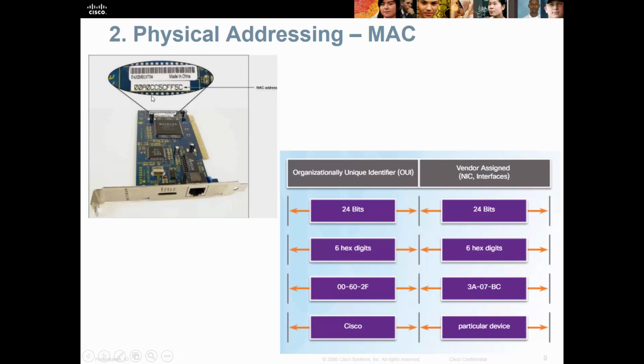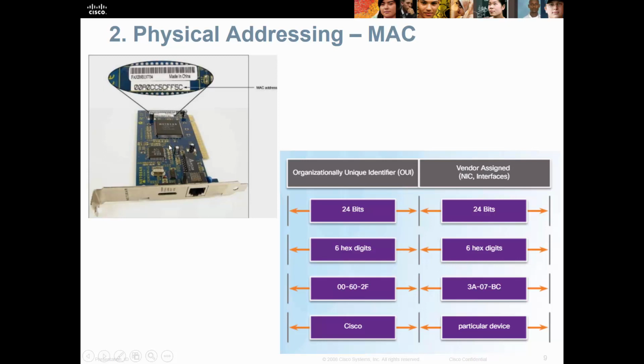So this physical or MAC address is an address that we express not in decimal as we did with the logical IP address, but in hexadecimal. We express it using 12 hexadecimal digits, as you see right here. So we have 12 hexadecimal digits that are used to express the MAC address that is burned into the NIC card of the device.